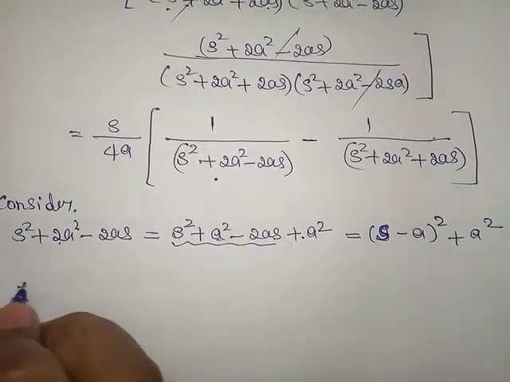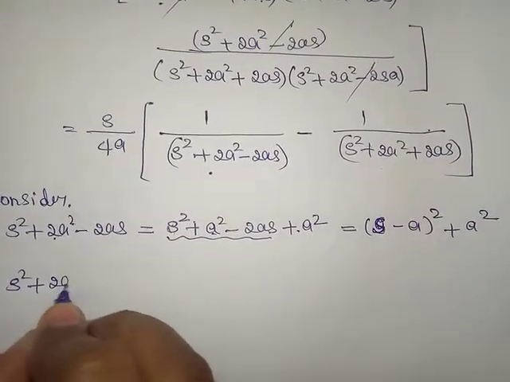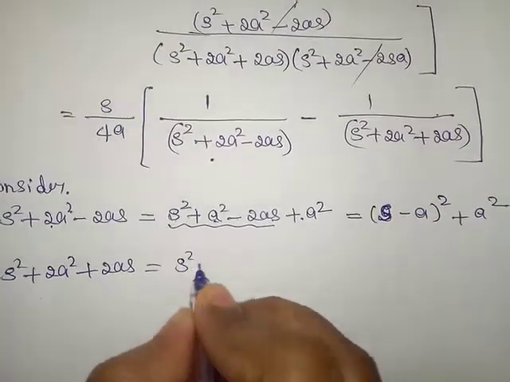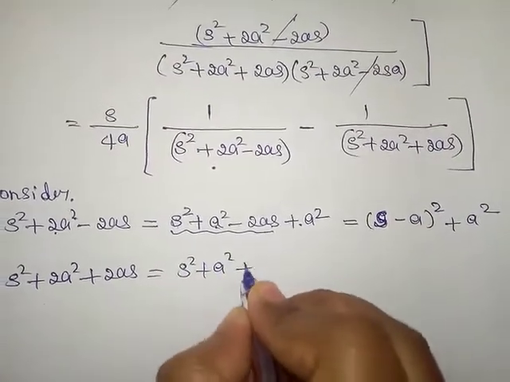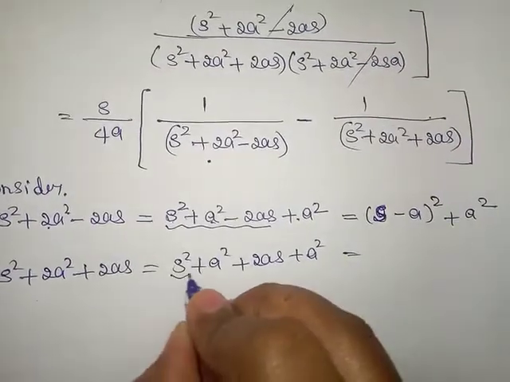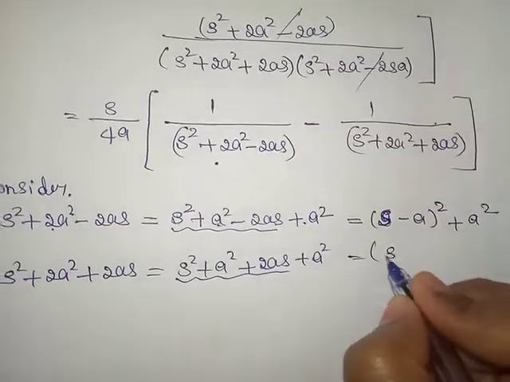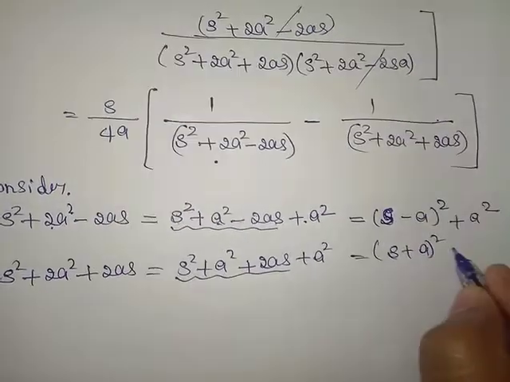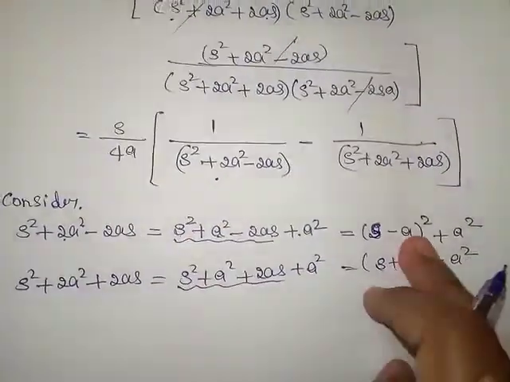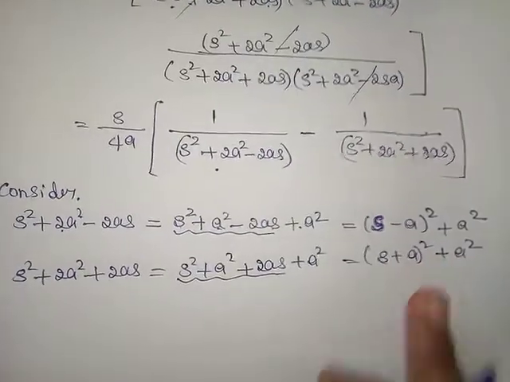Then for this one, s² + 2a² + 2as is equal to s² + a² + 2as + a². On seeing these three terms, we get (s + a)² + a². Therefore this term can be written as this one, and this can be written like this.